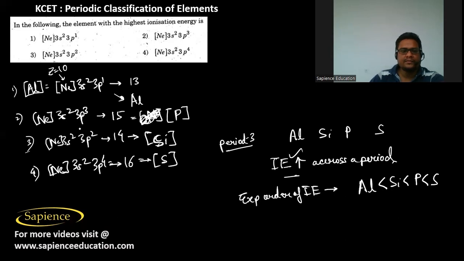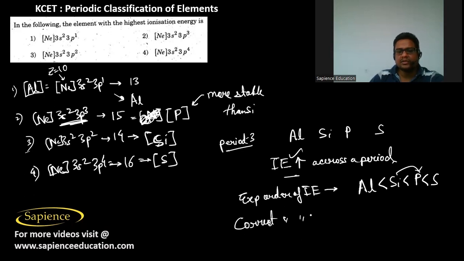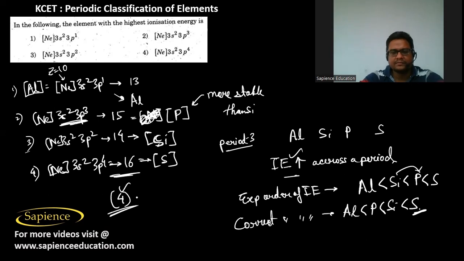And since phosphorus has a half filled electronic configuration, it has a more stable configuration than silicon. So here there will be one jump. So the correct order of ionization energy will be aluminum less than silicon less than phosphorus less than sulfur. So sulfur has the highest ionization energy. So it is neon 3s2 3p4. So option 4 is the correct answer.